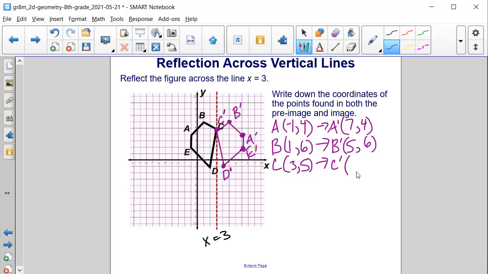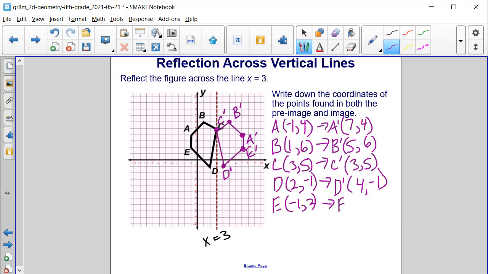C prime is also at 3, 5 because it lied on the line of reflection. Point D is at 2, -1, and point D prime is at 4, -1, and then point E is at -1, 2, and point E prime is at 7, 2.